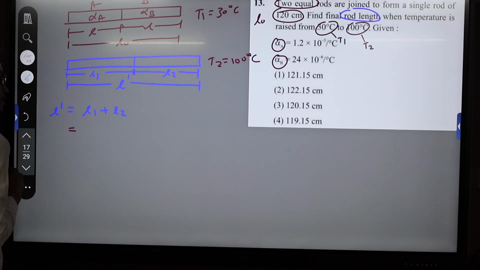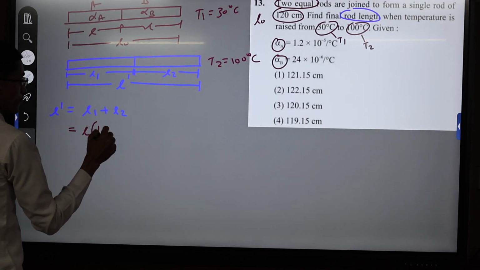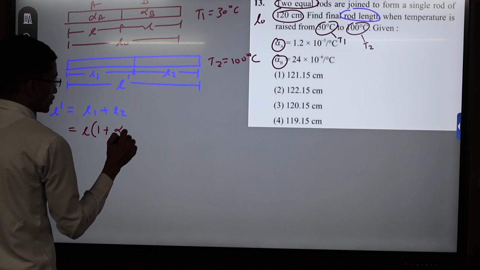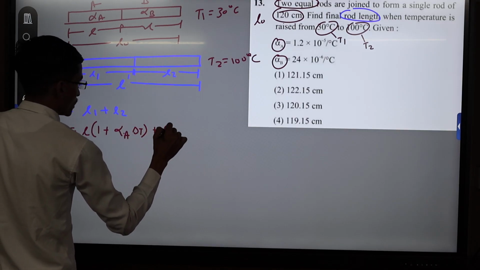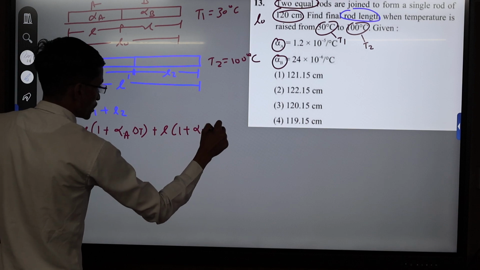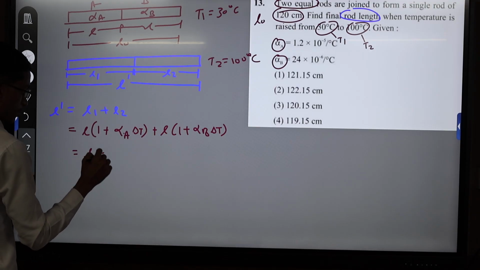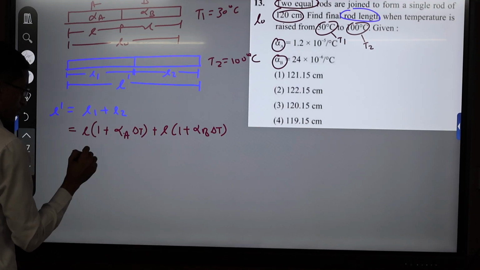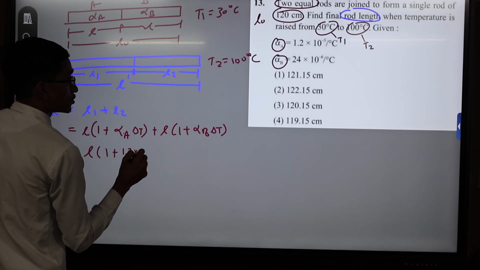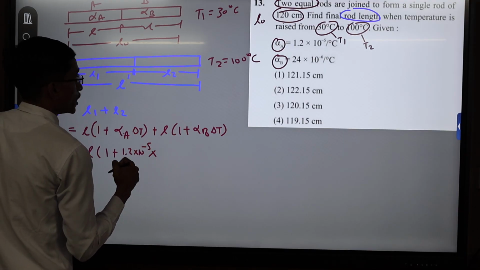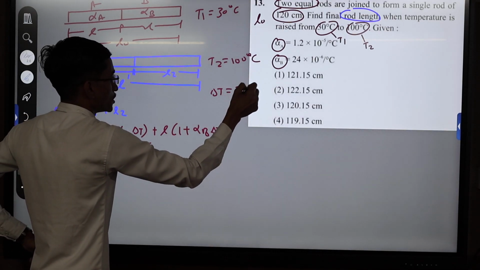So write the equations of L1 and L2. For L1, the initial length is L into 1 plus alpha of A into delta T, plus L2, we can write as L into 1 plus alpha of B into delta T. So L common: 1 plus alpha A is 1.2 into 10 raised to minus 5 into delta T. Delta T is 100 minus 30, so 70 degrees Celsius.